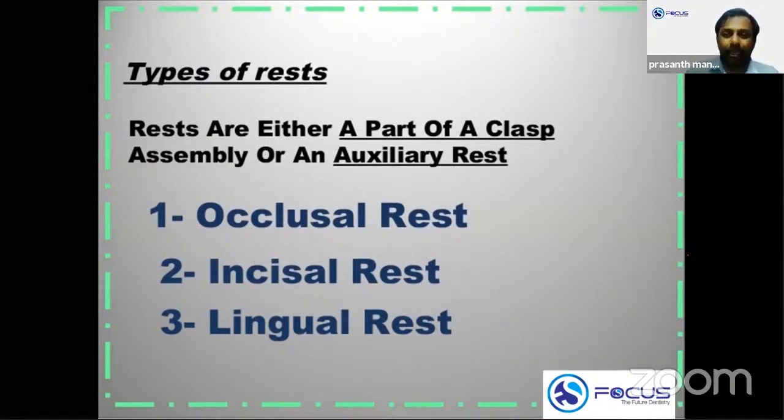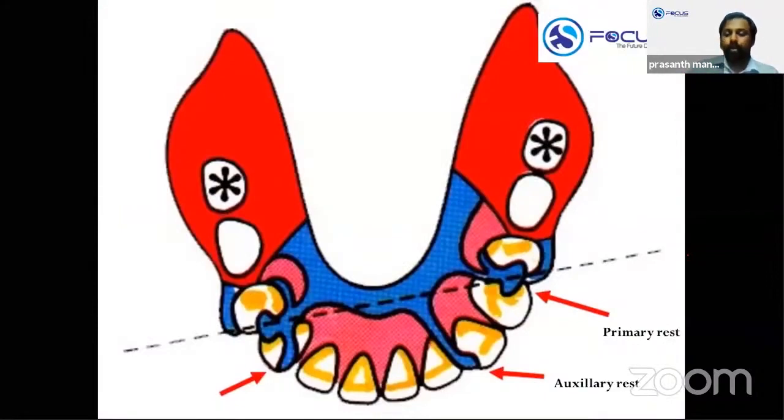We'll be discussing indirect retainers in detail in another session. So auxiliary rests provide indirect retention. The primary rest is the rest along with the clasp assembly, and the auxiliary rest, or secondary rest, or indirect retainer, is the rest seat prepared which prevents torquing of the denture from the distal aspect.